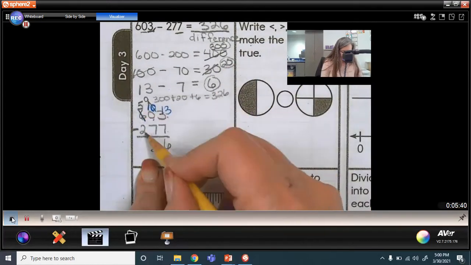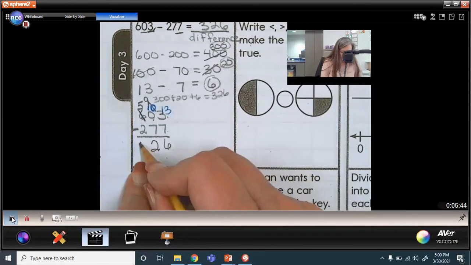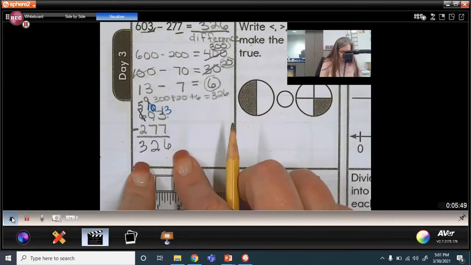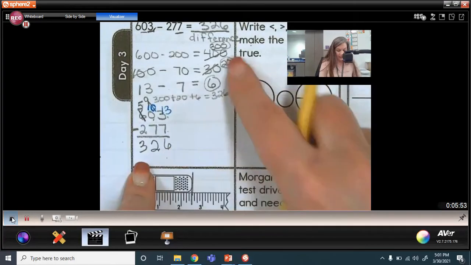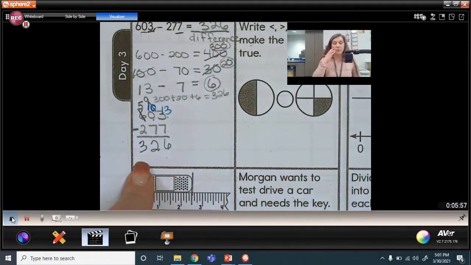My 500 minus 200 is going to be 300, which is here. So I have my 326. Same thing, used my algorithm. I had to do some borrowing here, just like I did here. There was regrouping. No matter how I did it, I had to regroup.